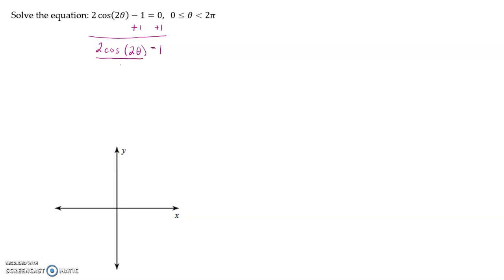We can go ahead and divide both sides by 2. And we'll get cosine of 2 theta equals 1/2. Now keep in mind we're solving for our angle measure theta in this case, so let's go ahead and take inverse cosine of both sides.